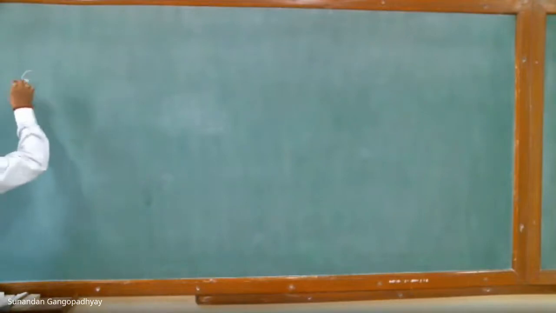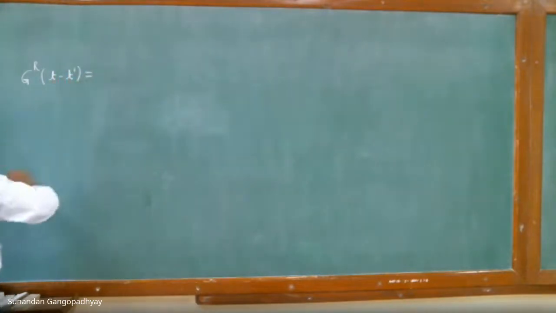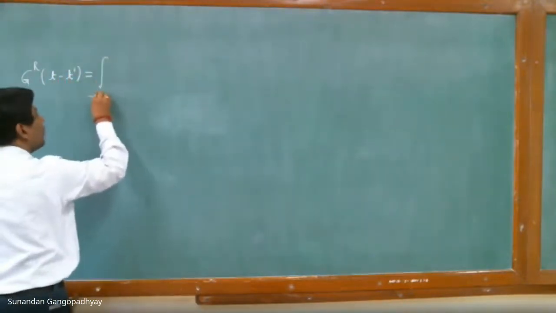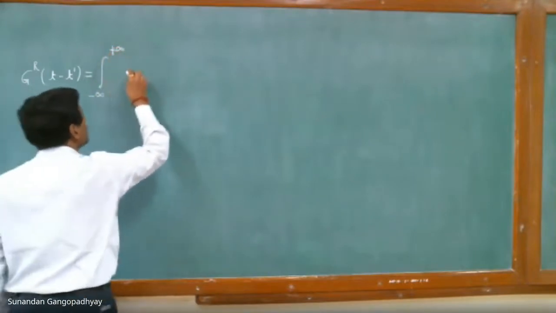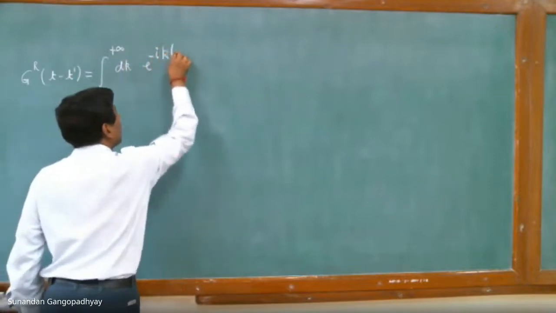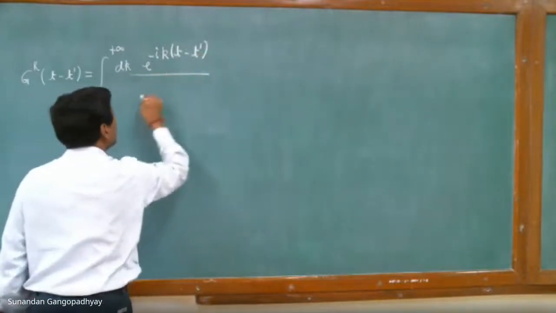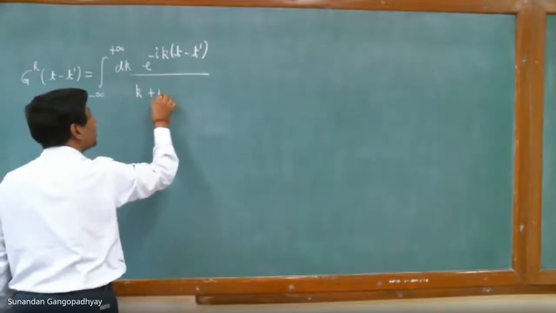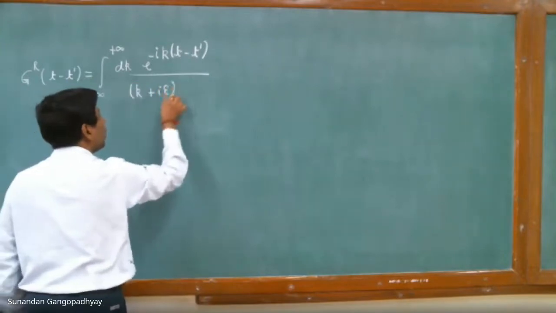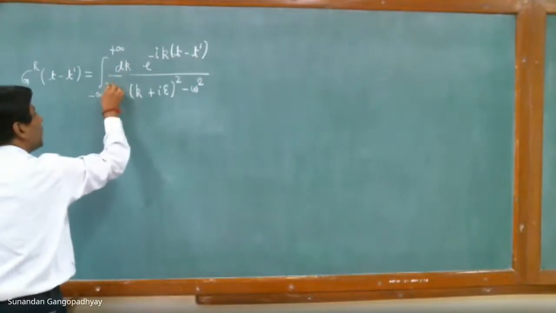So we have already seen that the retarded Green's function, that we have defined it the following way, is divided by (k plus i epsilon) whole square minus omega square, with a factor of 2 pi.